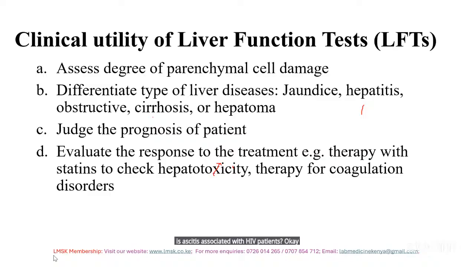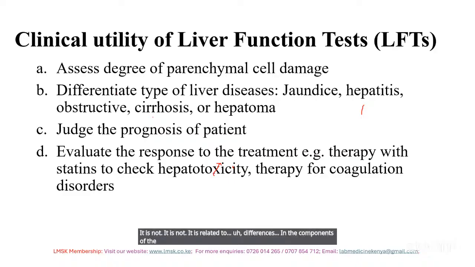Okay. When you look at the synthesis of ascites, it is not related to HIV. It is related to differences in the components of the blood, I mean the protein components of the blood and the tissue fluid, especially the proteins, albumin specifically.